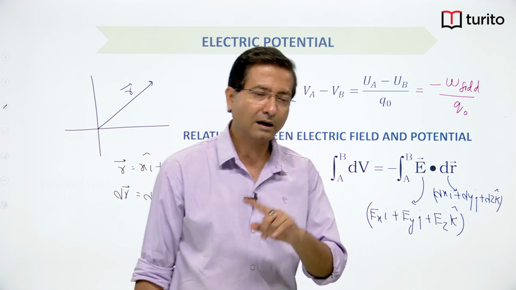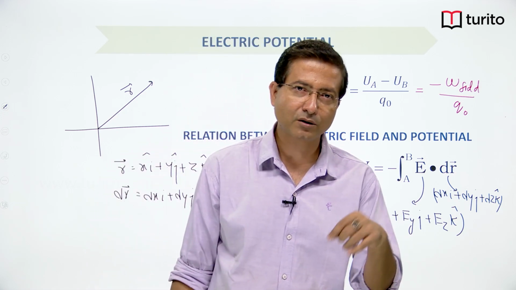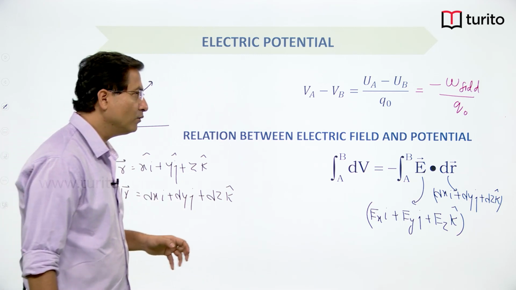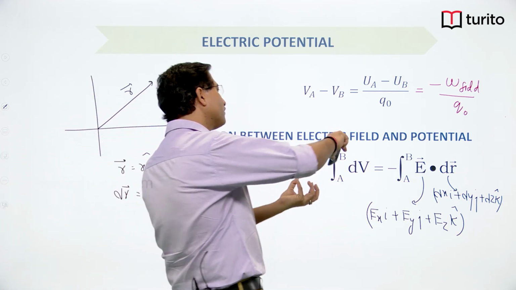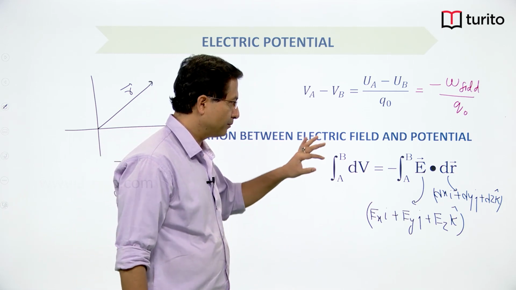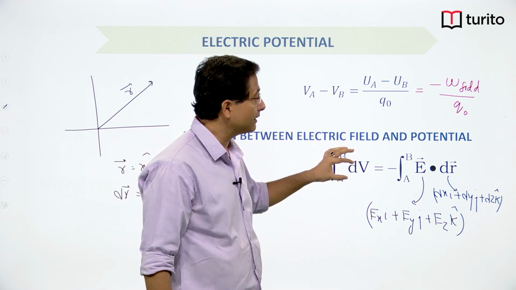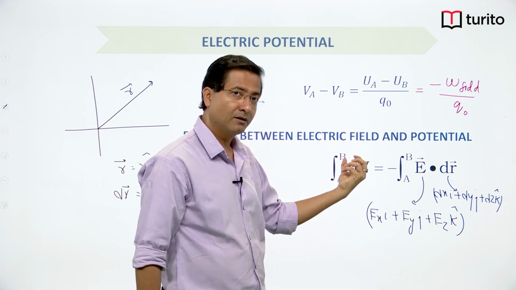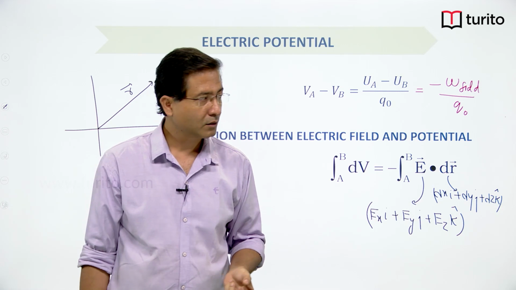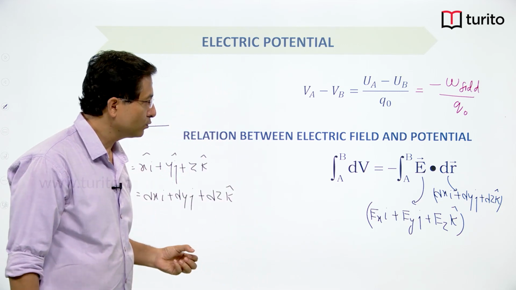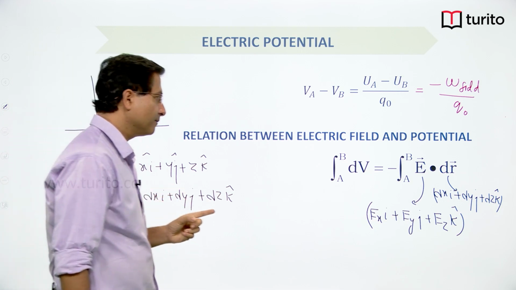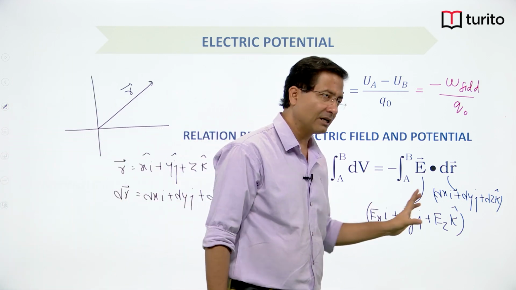So, the electric field will have 3 components at any point, x component, y component, z component, right. So, when we want to find out the field from potential, in the previous case we calculated potential from field. Now, I am asking you to do the reverse, right. So, you need to extract out 3 components x, y, z.